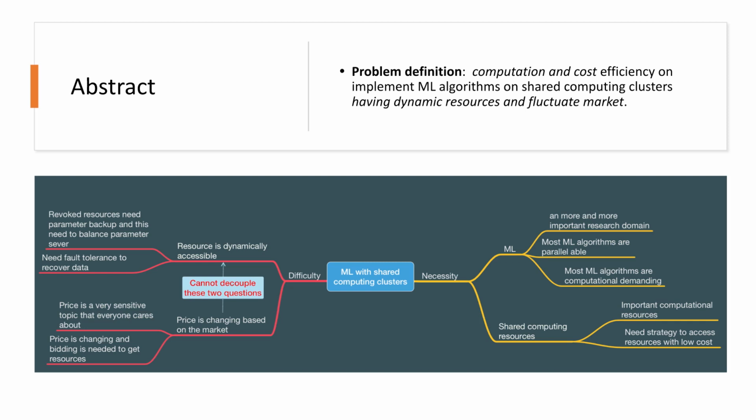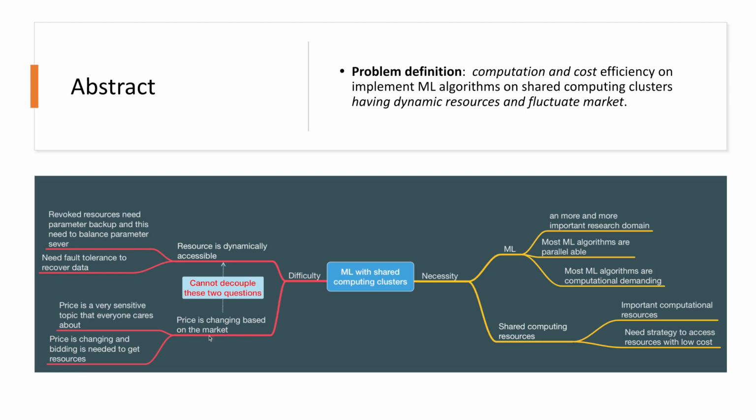So the chances are that when the computation is not finished, the company will decide to revoke the resources, such that there will be an overhead to communicate between nodes and to store or recover the temporary results. And also, fault tolerance is another important aspect.